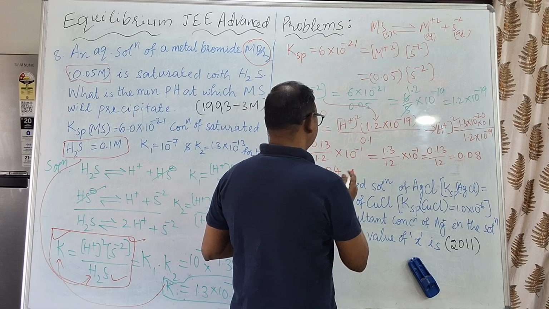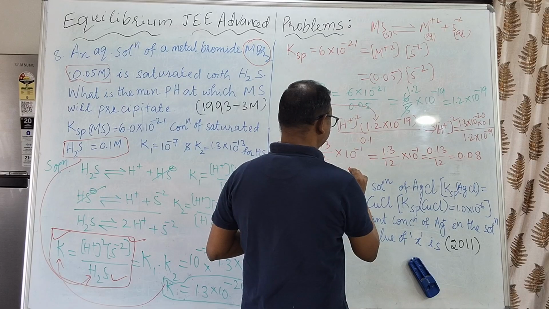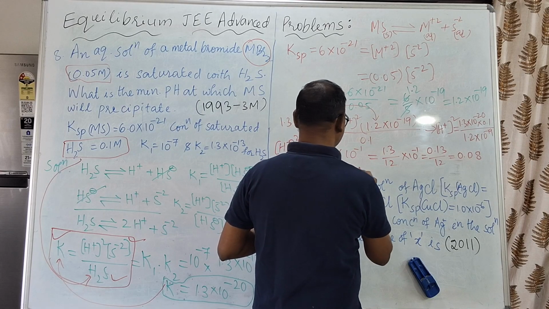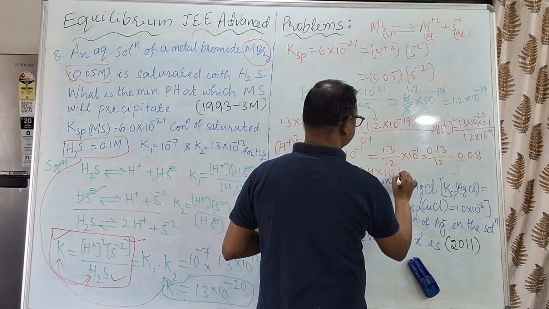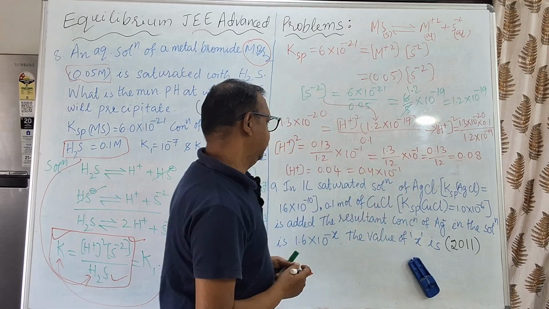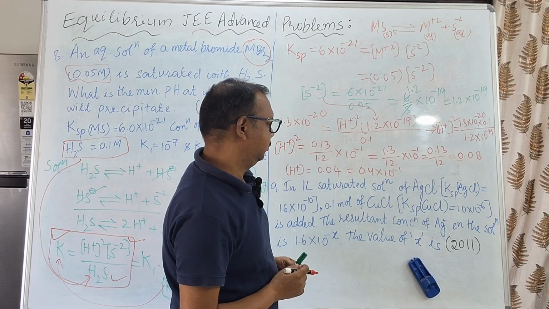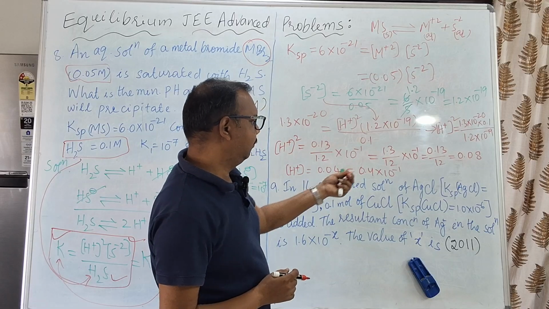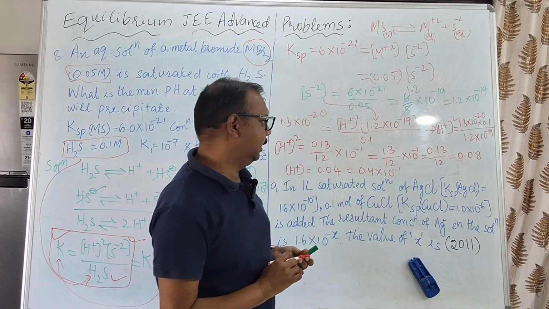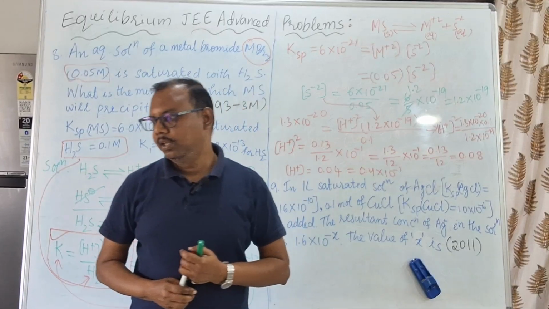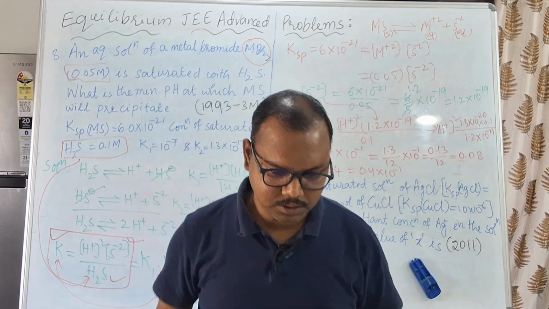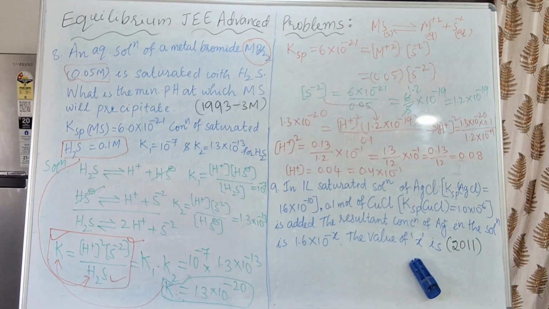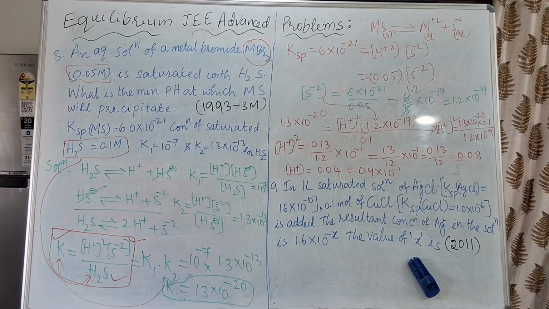And if you write it here, 0.4 into 10 power minus 1, we can write it. Therefore, the concentration of 0.4, what we can do? We have to take the log.